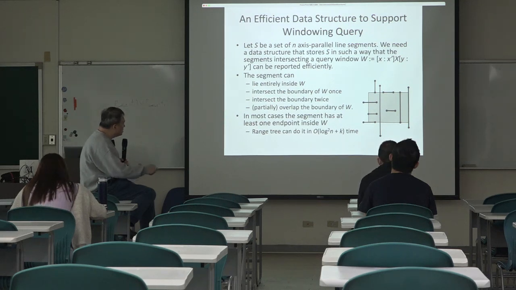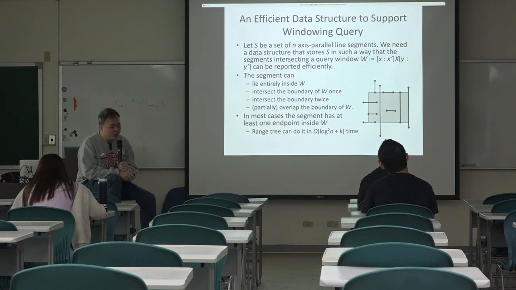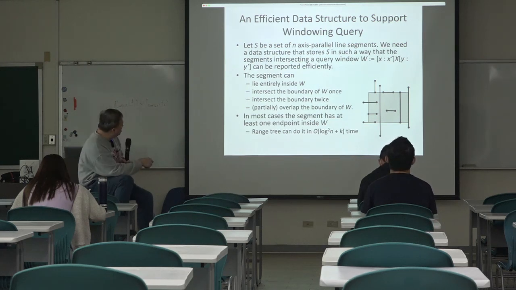This one overlaps with the boundary of the window, and this one too. So we have these 4 different types, right? For any window query, you want to return any segments that fall into these 4 categories, right?